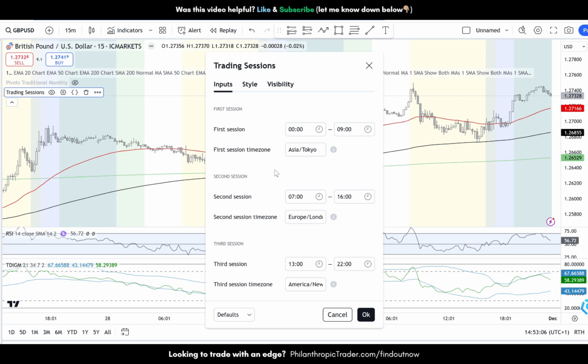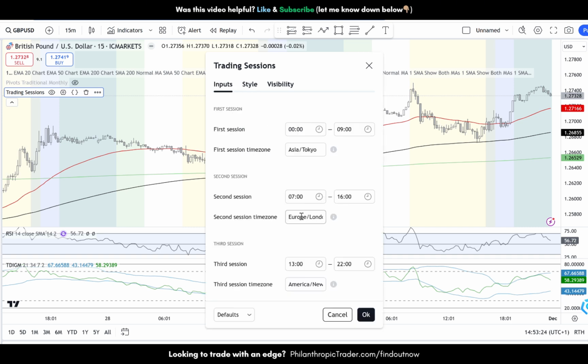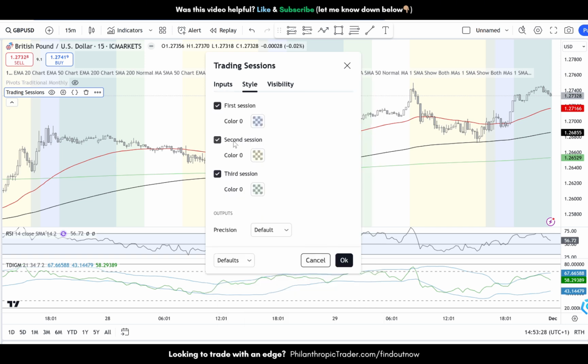As we saw, I went to Google and I looked for when the London session opens. Now we see the specific times, so make sure that these are correct. You can play around with the colors if you want, blue, yellow, green, it doesn't matter. For the London session, it says the second session, which is a yellow color, right?